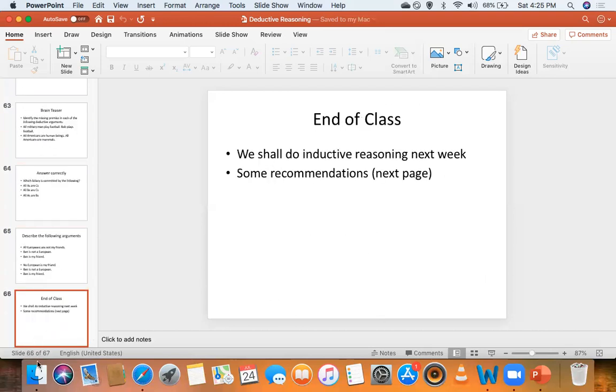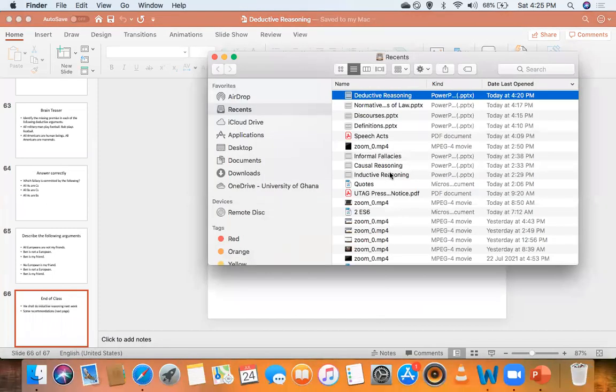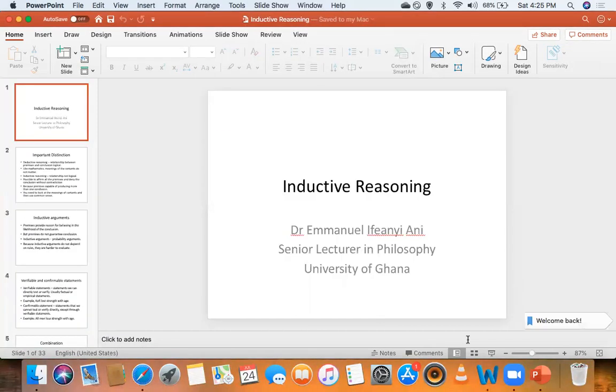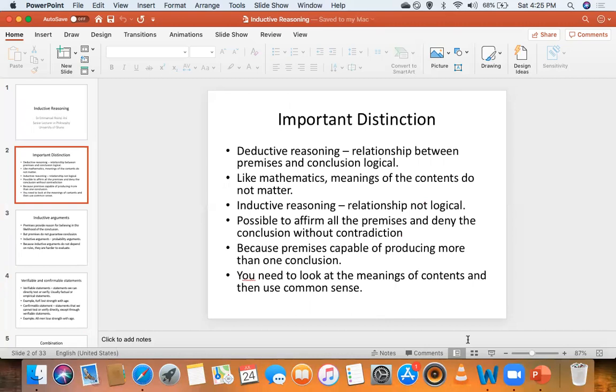Then we went to inductive arguments. For inductive reasoning, we said an inductive argument is reasoning in which the relationship between the premises and the conclusion is not logical. We said it is possible to affirm all the premises and deny the conclusion without contradiction.